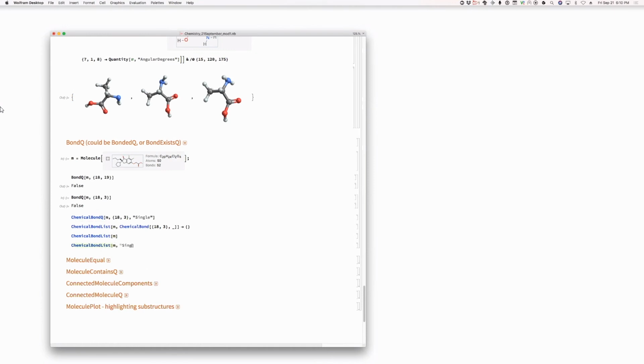So then if I want bonds with tungsten atoms, well, okay, so that's single, but if I want bonds between tungsten atoms and something else, how would I get that? So you would type chemical bond list M, chemical bond, and then in place of one of the indices, you would put a W, and for the other index, you would put an underscore.